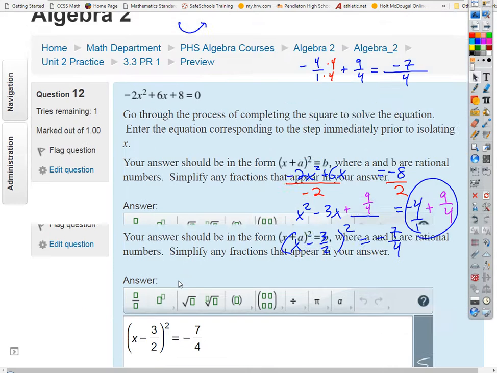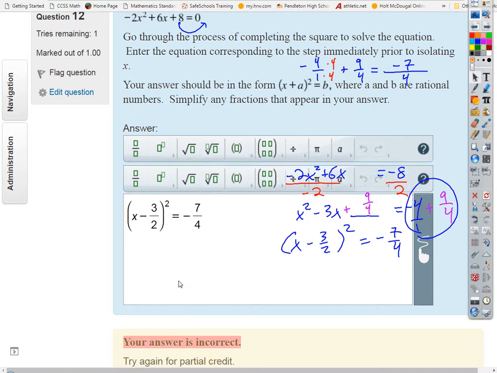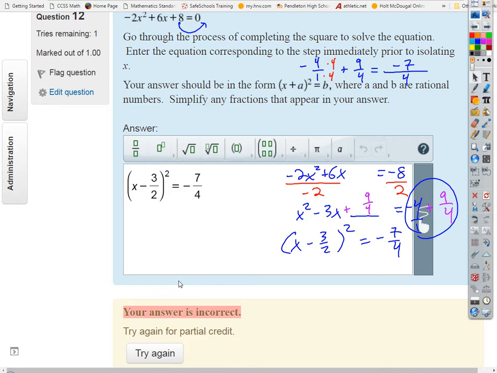Uh-oh, what did I do wrong? Okay, I see what I did wrong. When I divided each side by negative 2, I didn't divide this side by negative 2. I divided by positive 2.